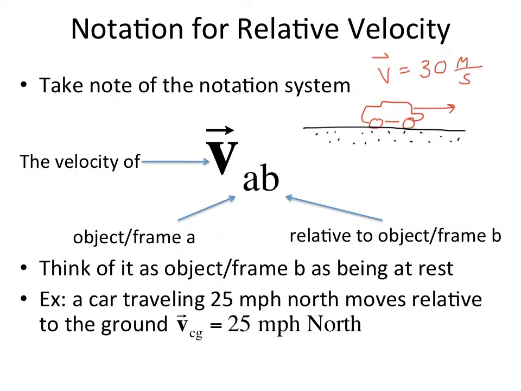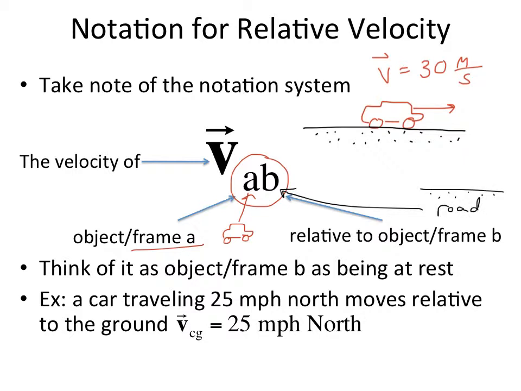So that's where we have this notation right here. So we would say, really, the object that is moving, we call frame of reference A. So in this case, it would be the car. And the object that it is moving with respect to, or relative to, would be the road right here. So that would be the road.